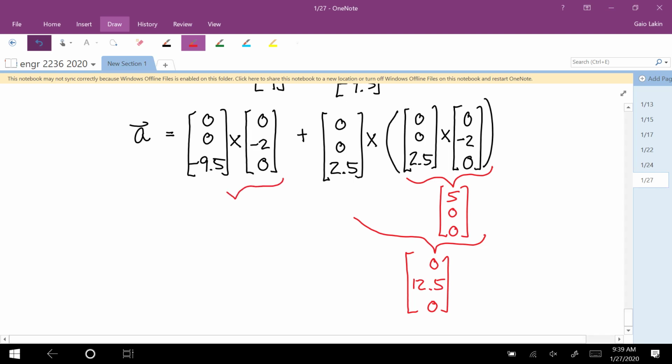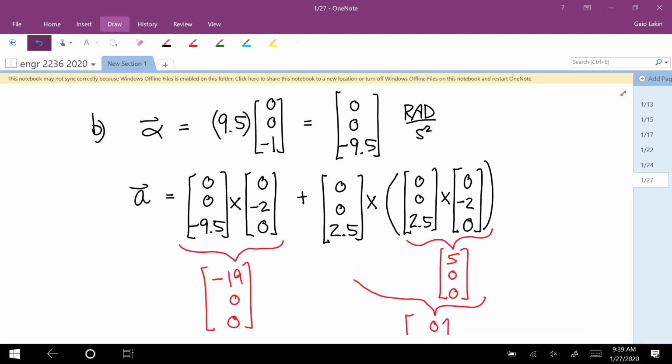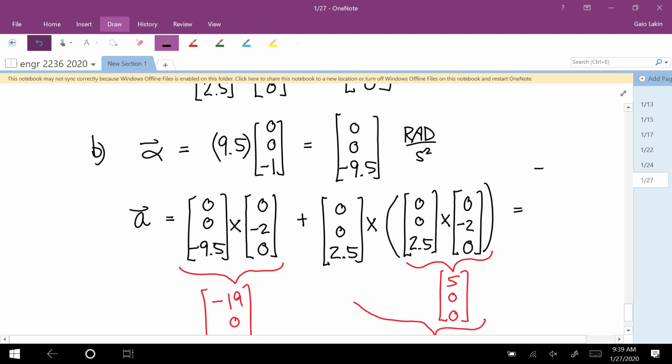And then if you take the cross product of the other two, you get negative 19, 0, 0. And now we're just adding these two together, and we get an acceleration vector of negative 19, positive 12.5, 0, and the units are meters per second squared.